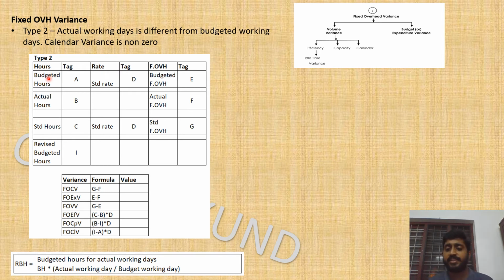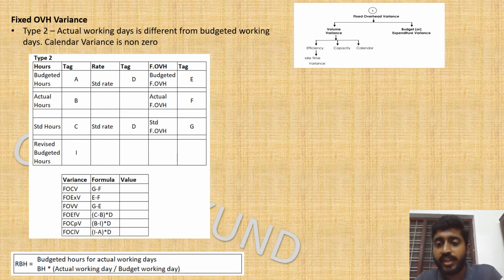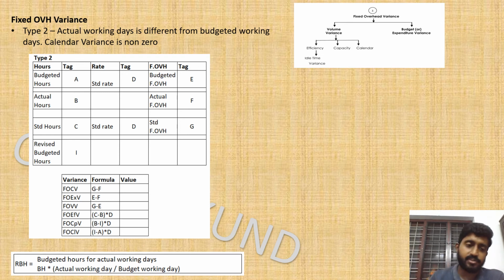That is called revised budgeted hours. So budgeted hours divided by budgeted working days multiplied by actual working days. It is just a linear projection of the budget rate to the actual scenario, and we call it revised budgeted hours. So this is the formula.